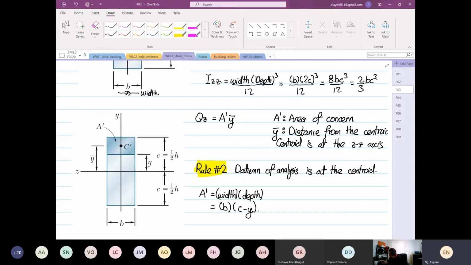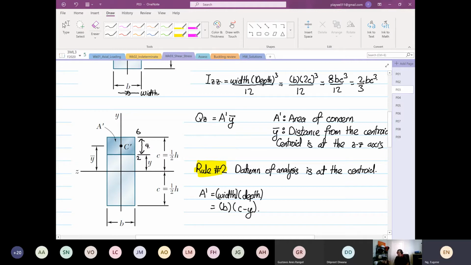Now important thing to take note. So why C minus Y? If C is equal to 6, Y is equal to, I'm just going to pick a Y, not Y bar, Y is equal to 2, right? So this distance from here to here is equal to 4.